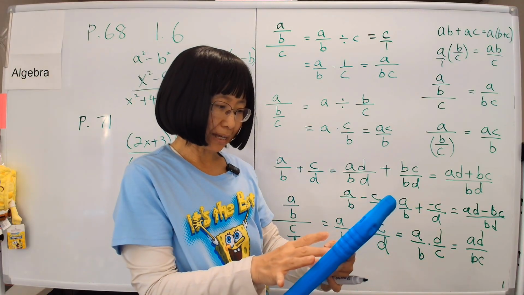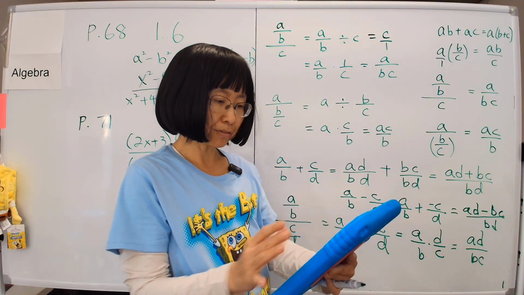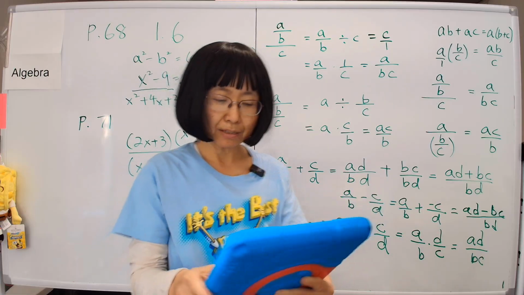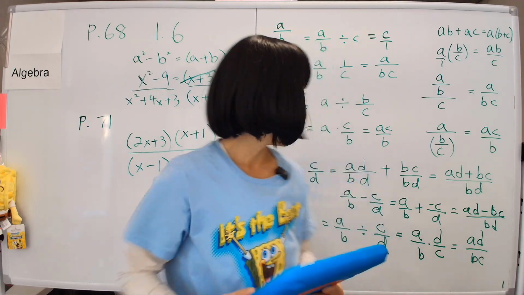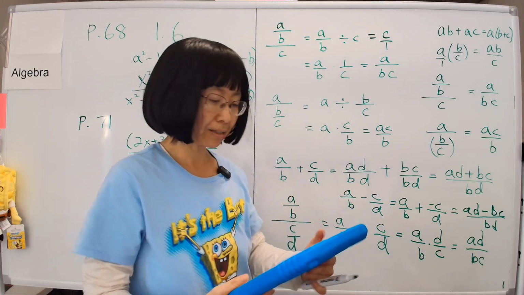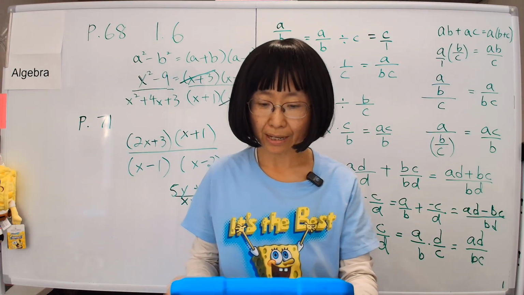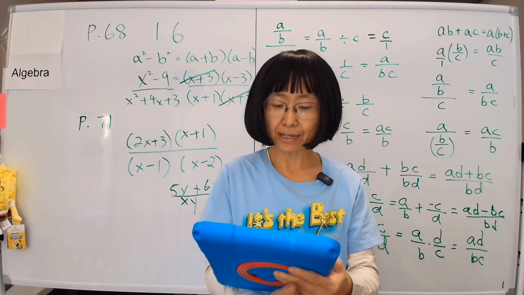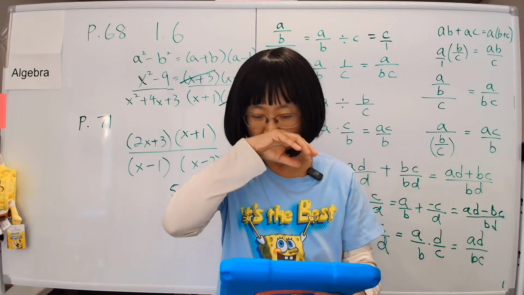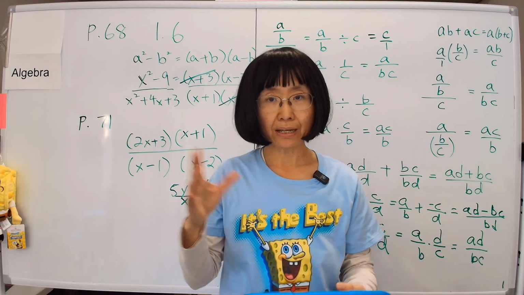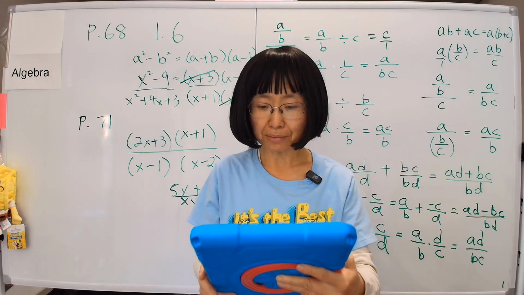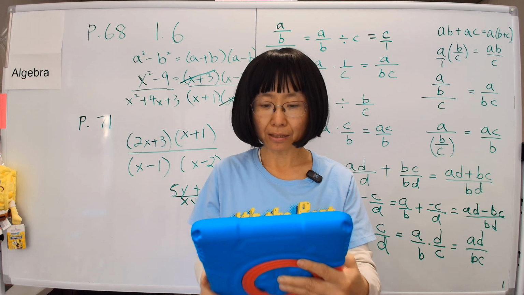To do that, we're going to follow the same rules as always, except this time the denominator has more than one thing. You have x plus 2 squared, and then you have x plus 2 and x minus 2.